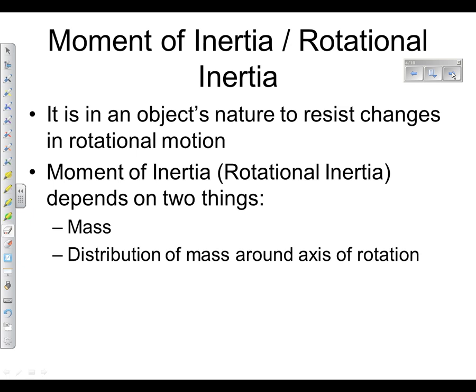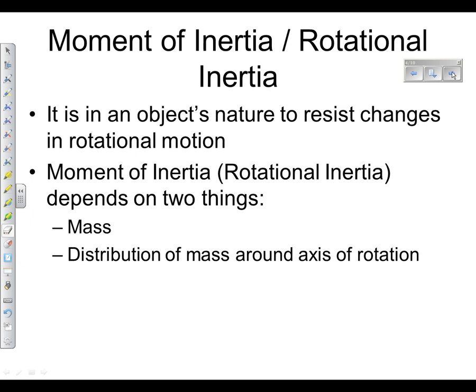So, if we go back to our hoop and disc race, as they're sitting up here at the top of the ramp, are they rotating? No, not yet. Rotational inertia, or moment of inertia, says that if these objects aren't rotating, they want to continue not rotating, just like an object at rest wants to continue at rest.